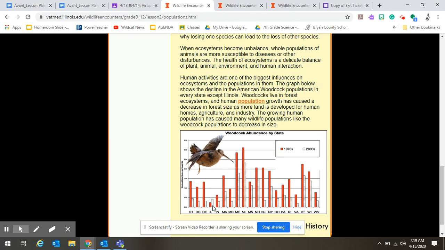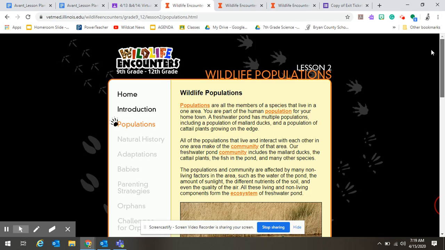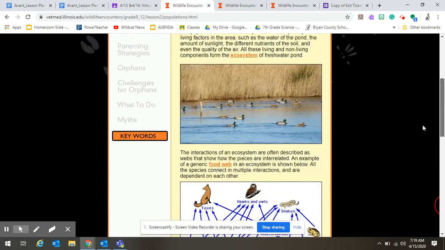Except for Illinois, where they had a lower population in the 1970s and now their population has grown. But in every other state, you can see that human activity, and the building and the loss of habitat for these birds, has caused a decrease in all these areas. So that just shows how human interaction can affect an ecosystem.